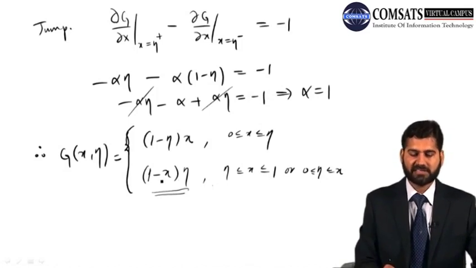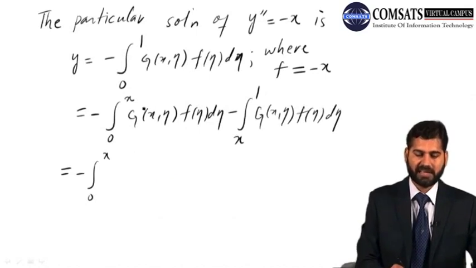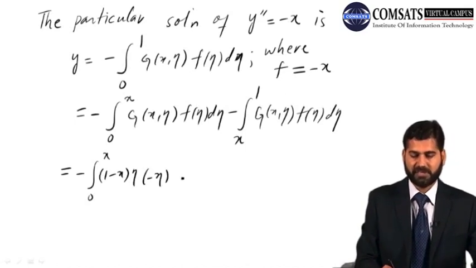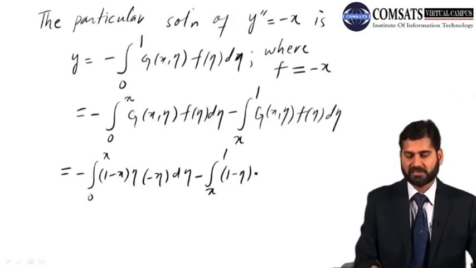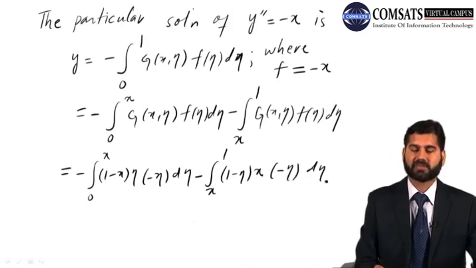So when eta is less than x, it's 1 minus x times eta, and f(eta) is minus eta d eta. Similarly, when eta is greater than x, the Green's function is 1 minus eta times x, and the function is minus eta d eta.